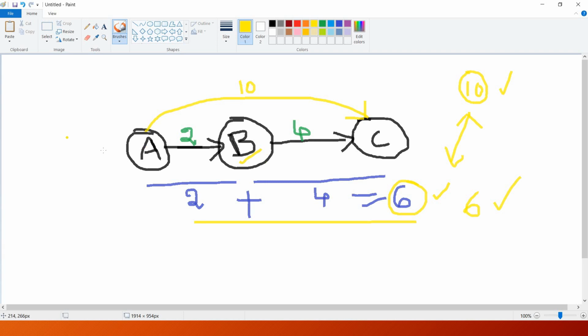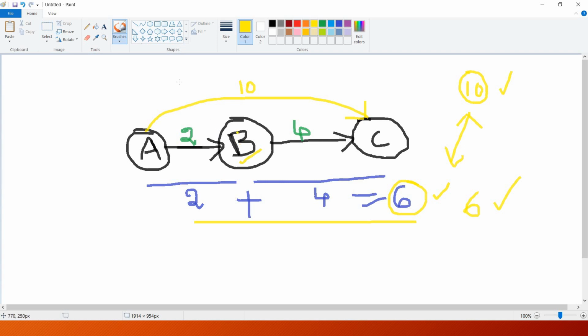So transitive closure means if there is a direct path, there is no problem. If there is no direct path from one vertex to the other vertex, we will take the help of some intermediate vertices. Then we will move from one vertex to the other. So what does the total cost become? Whatever the intermediate nodes are, that much will be the total cost.